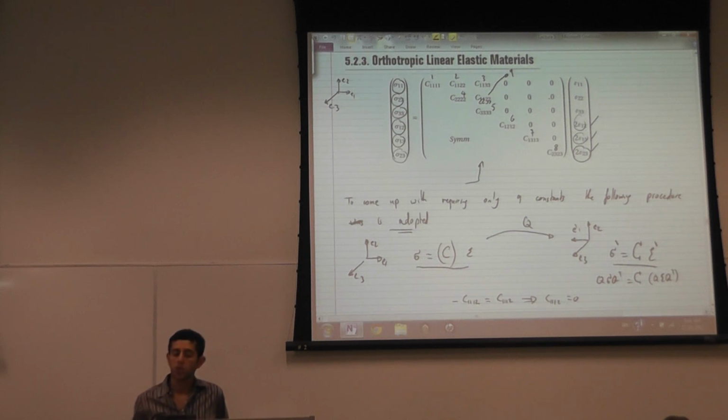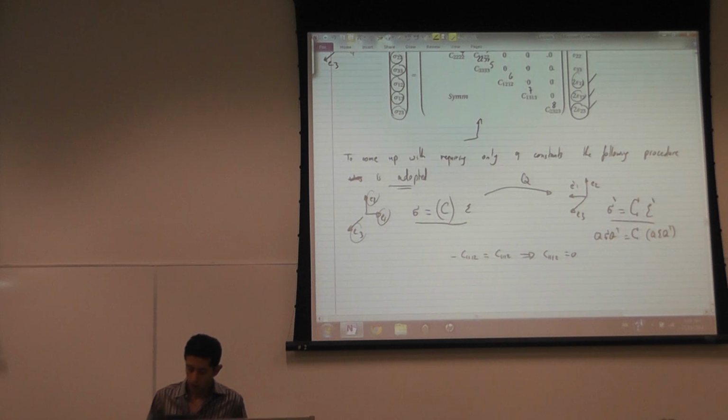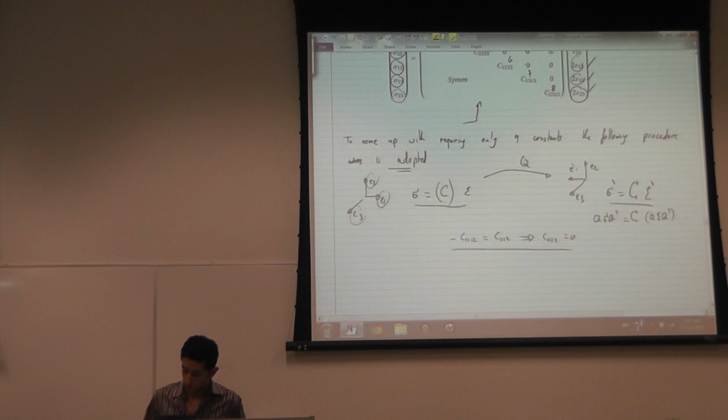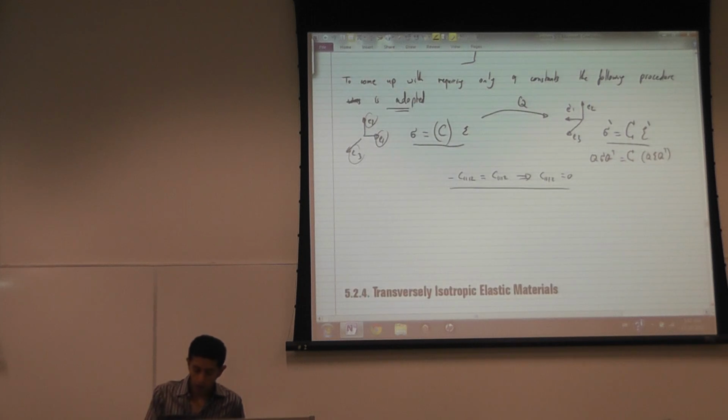So you do this 3 times, once by reflecting E1, another time by reflecting E2, another time by reflecting E3, and you're going to come up with all these numbers equal to 0. And in your text, there is a mathematical code that does this for you.